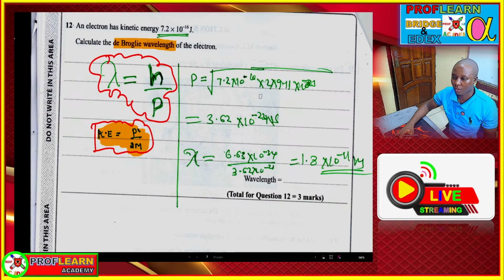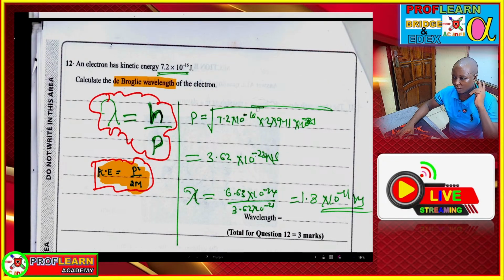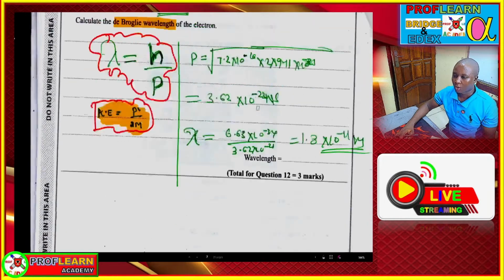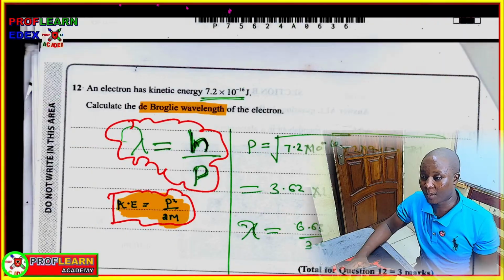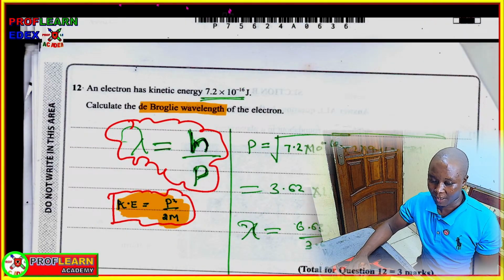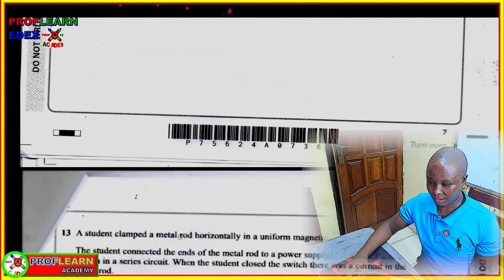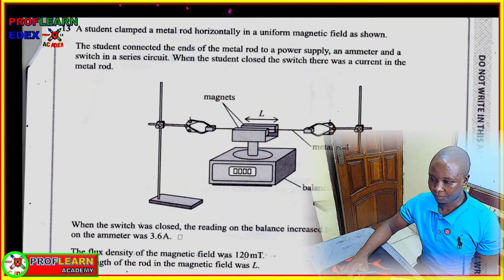Electrons are moving, so they can behave as waves. At the same time, they can behave as particles. So this kind of equation, I'm very sure is an area that examiners really love to test. They like testing this particular question.